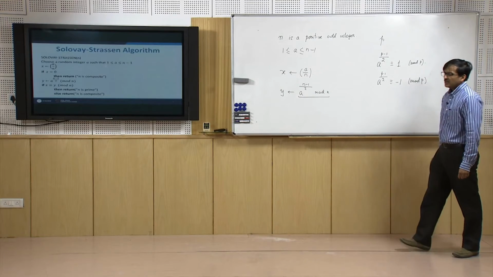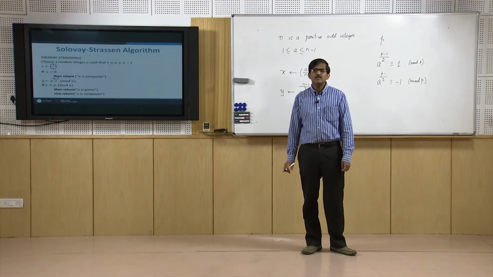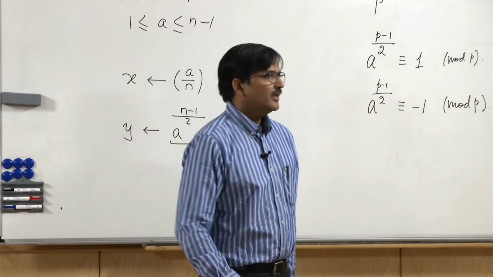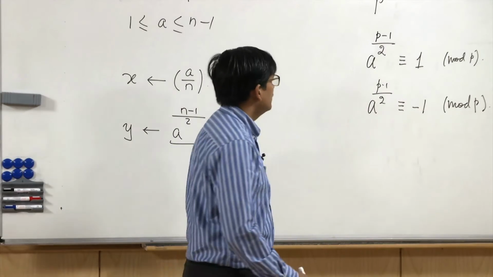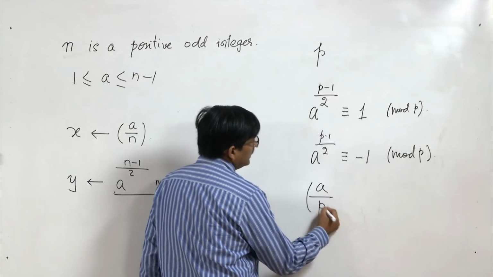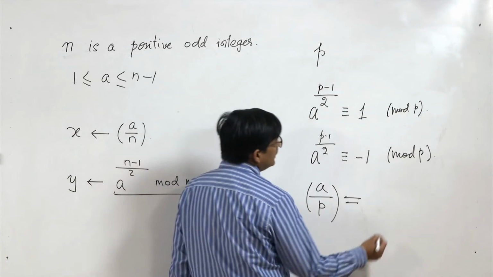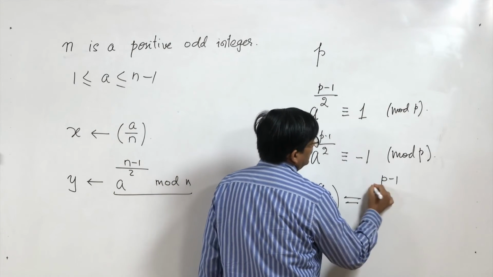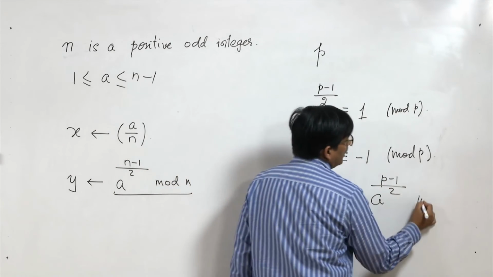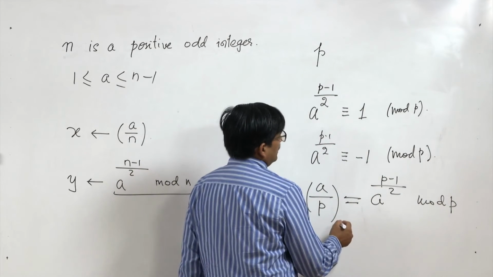So, if A is not congruent to 0 mod P, and P is an odd prime, then the Legendre symbol A by P is essentially equal to this mod P. Yeah.